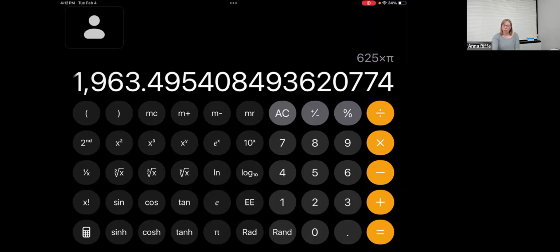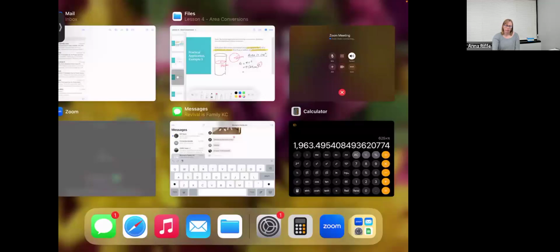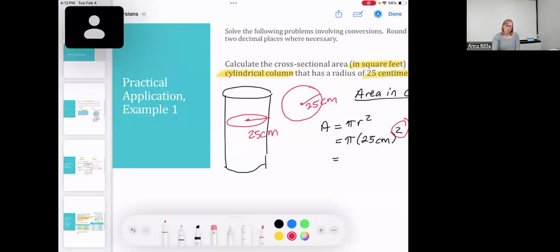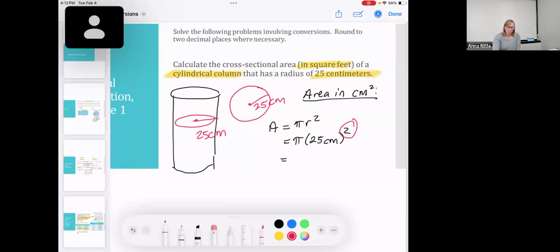I'm just going to leave this in my calculator for now. Not going to round yet because we're not quite done with this problem. So that's equal to about 1,963.495, etc.